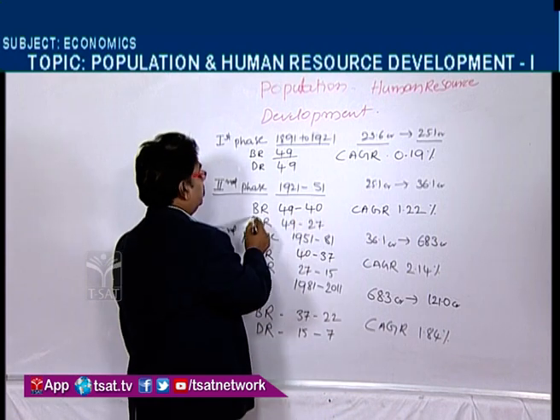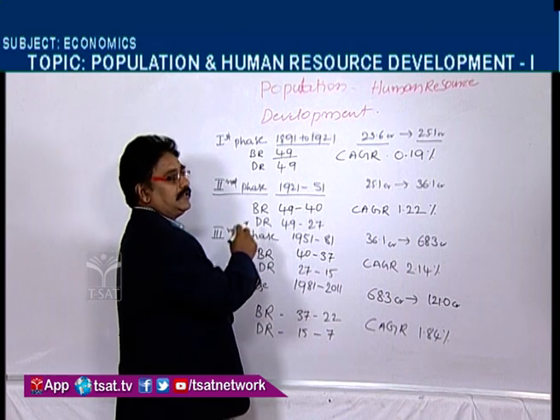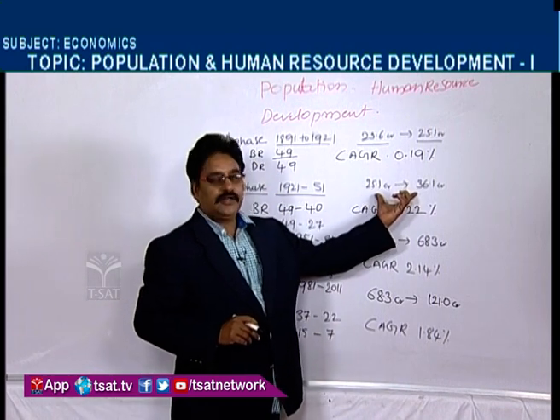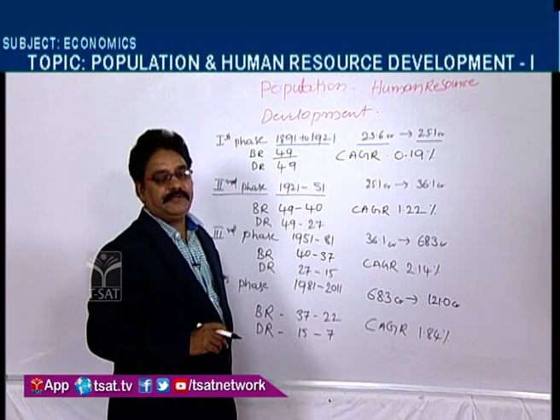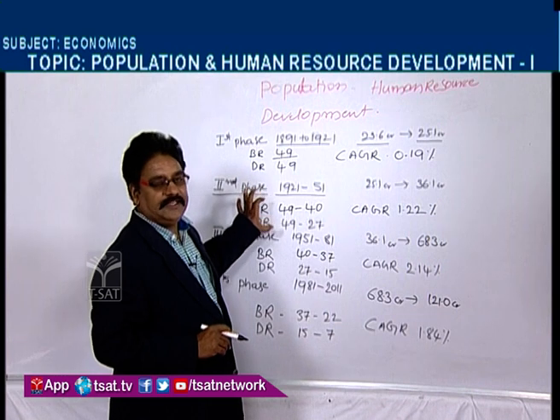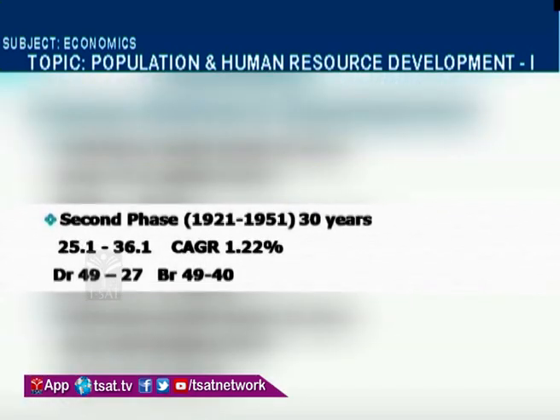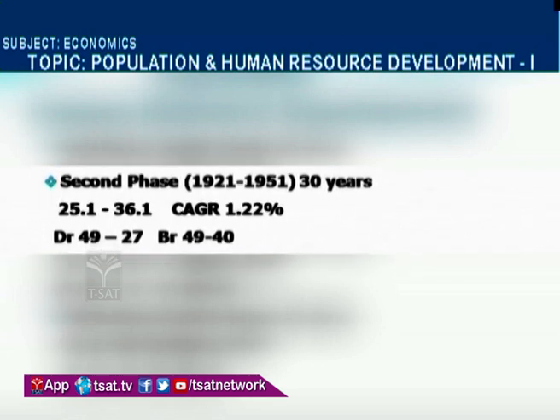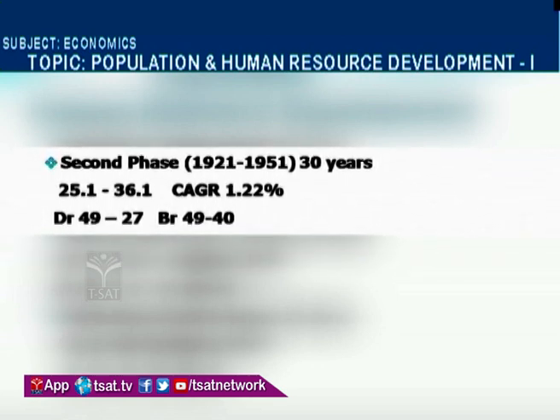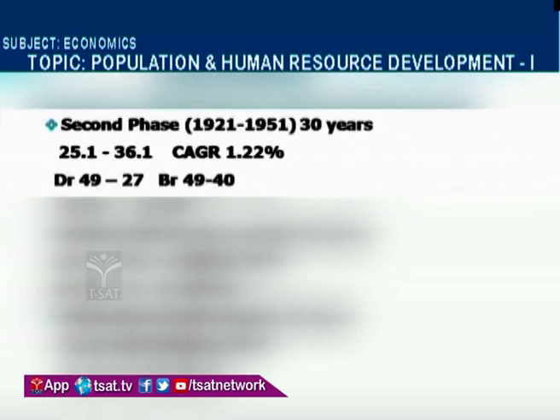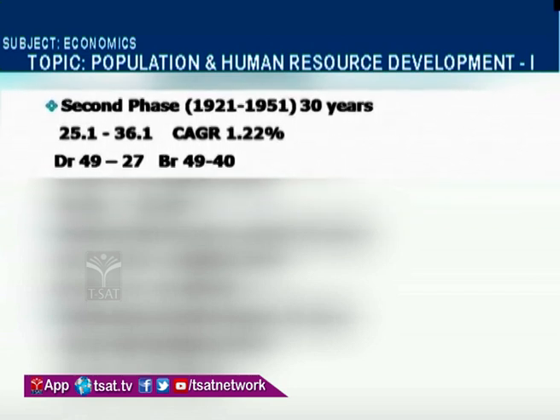Observe the birth rates and death rates. Birth rates declined, but only from 49 to 40. That means 9 points decreased in the case of birth rates.